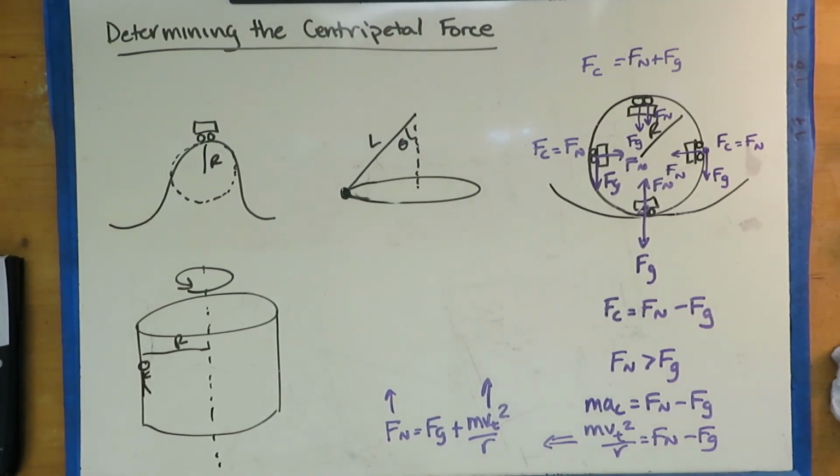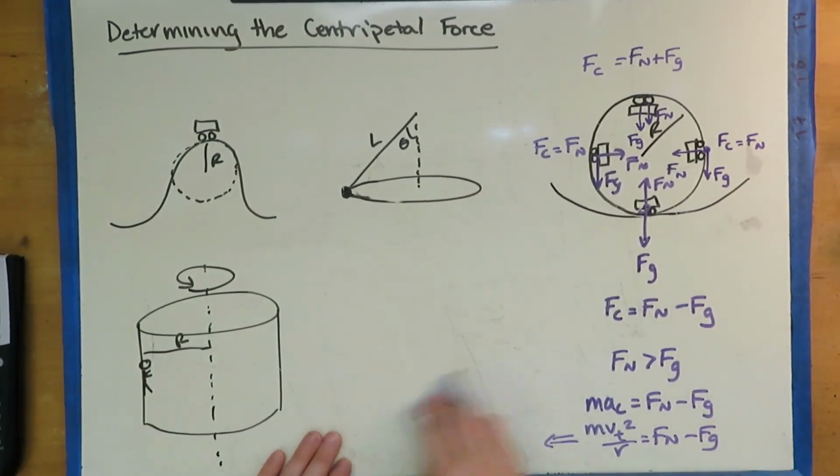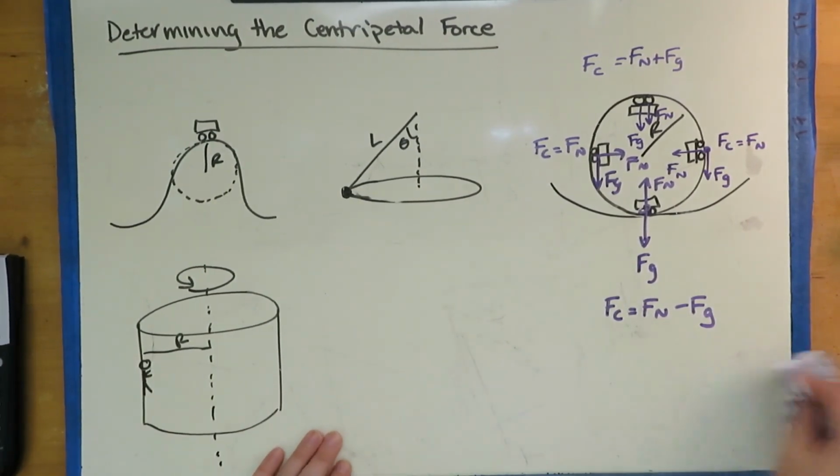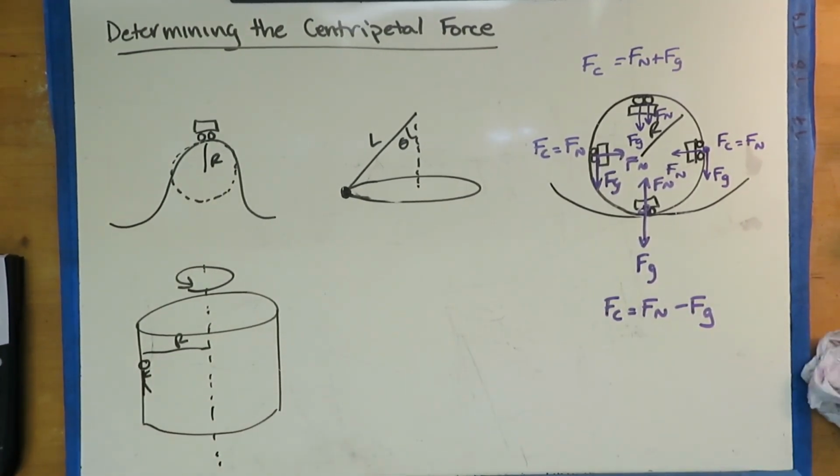So you can learn a lot about what's going on with your speed from the centripetal force and the normal force, and the normal force is very variable throughout this. All right, so those are our equations for that example.